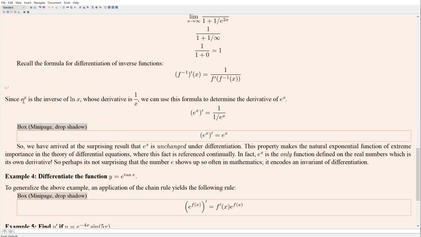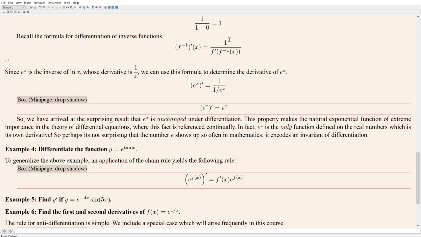So, the exponential is the inverse of natural log, and we know that the derivative of natural log is 1 over x. So, plugging in e to the x into this formula here, into the position of the inverse, we immediately get that its derivative is 1 over the derivative of natural log, which is 1 over, and then the inverse, which is e to the x.